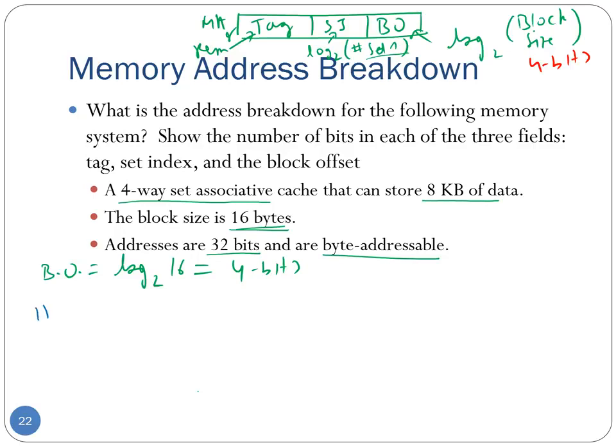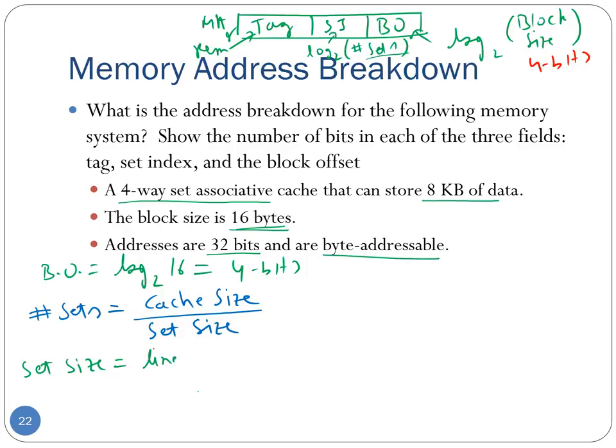So recall, number of sets is basically the cache size divided by the set size. Okay, so how do you find the set size? Set size is given by line size or block size, the size of each line, multiplied by the number of lines in each set.